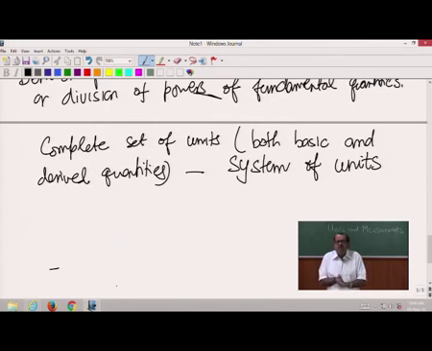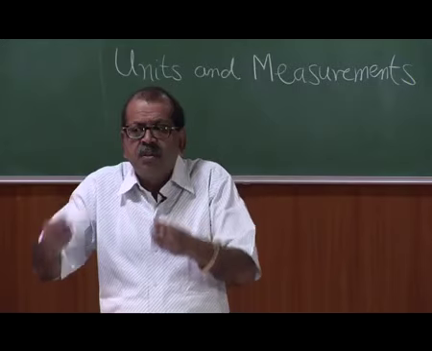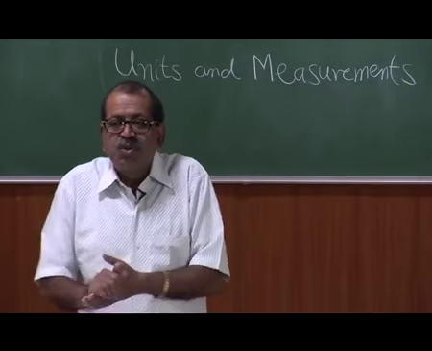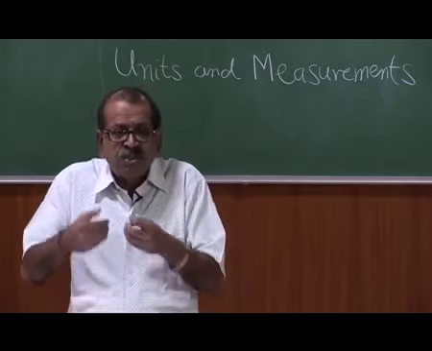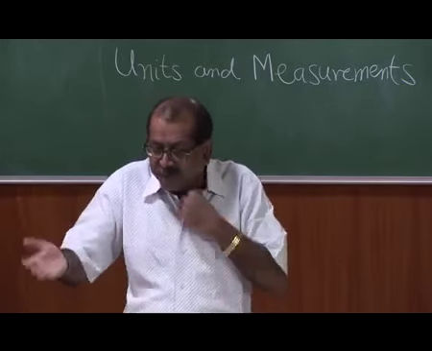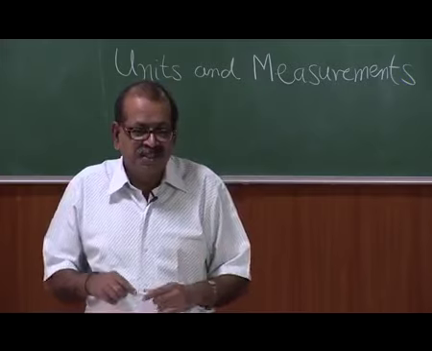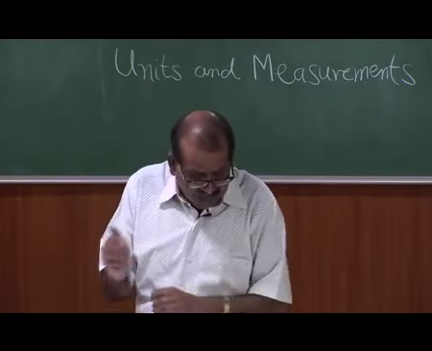So, a system of units will start with some basic or fundamental quantities, and then there will be other quantities which will be essentially products or divisions of different powers of these quantities. So, that is how this works.